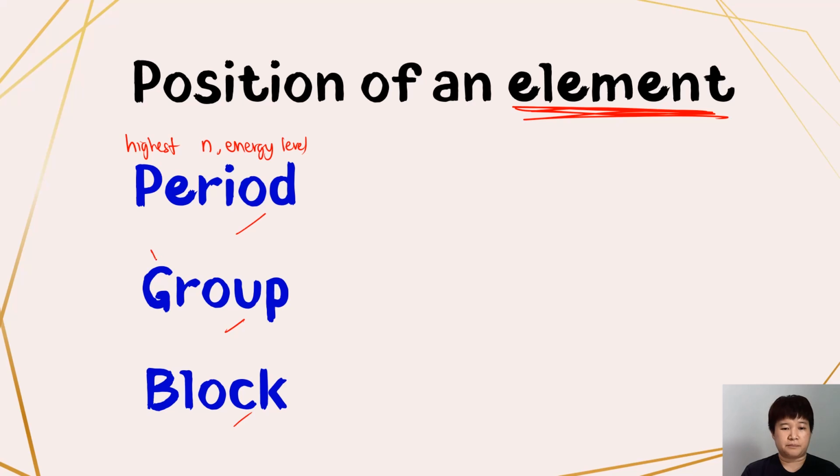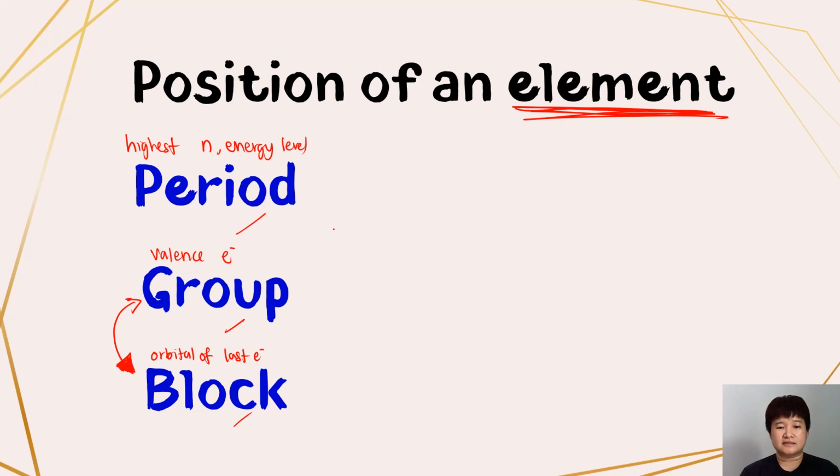The group will depend on the valence electrons, and the block will depend on the orbital of the last electron that you fill in. But bear in mind, the group and the block, they are good friends. To identify the correct group, you need to know what block they are located in.